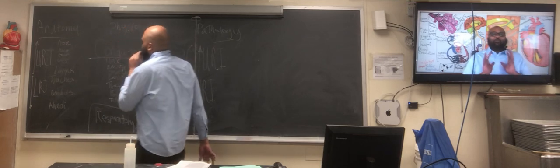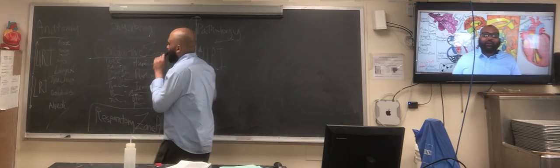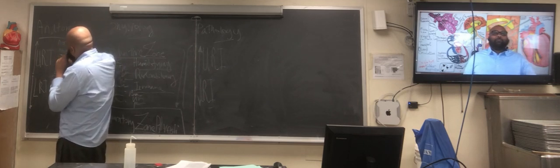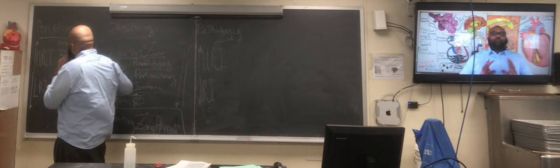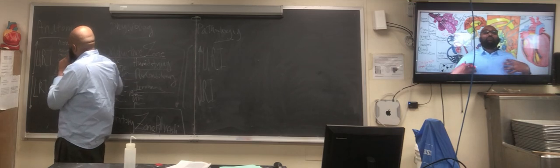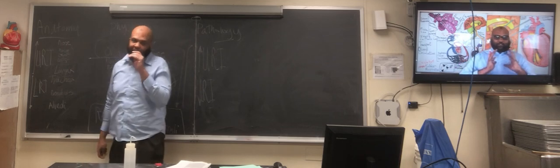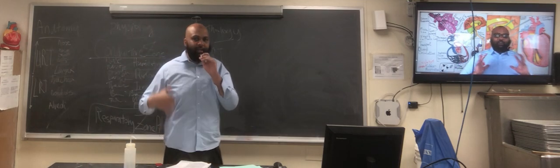I can have inflammation, pathologically speaking, in the nose, the nasopharynx, the oropharynx, the laryngopharynx, in the larynx, like laryngitis. I can have a problem in my trachea. I can have a foreign body lodging on the right lung.